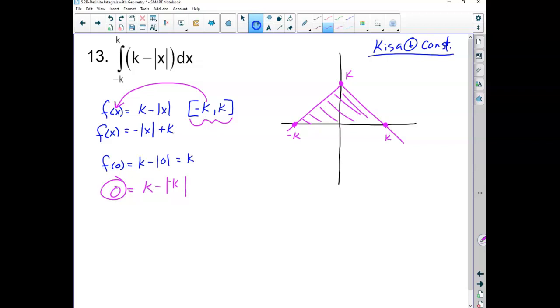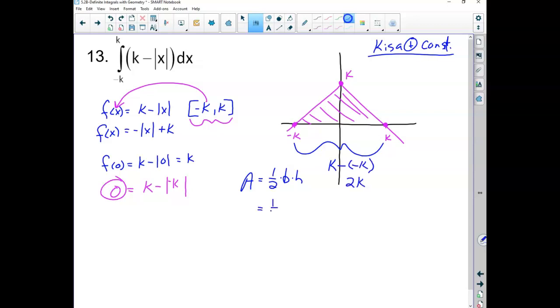Well, what shape is that area? It's a triangle. So the area equals 1/2 base times height. Well, how big is the base here? Well, the base is k minus negative k. It's 2k.